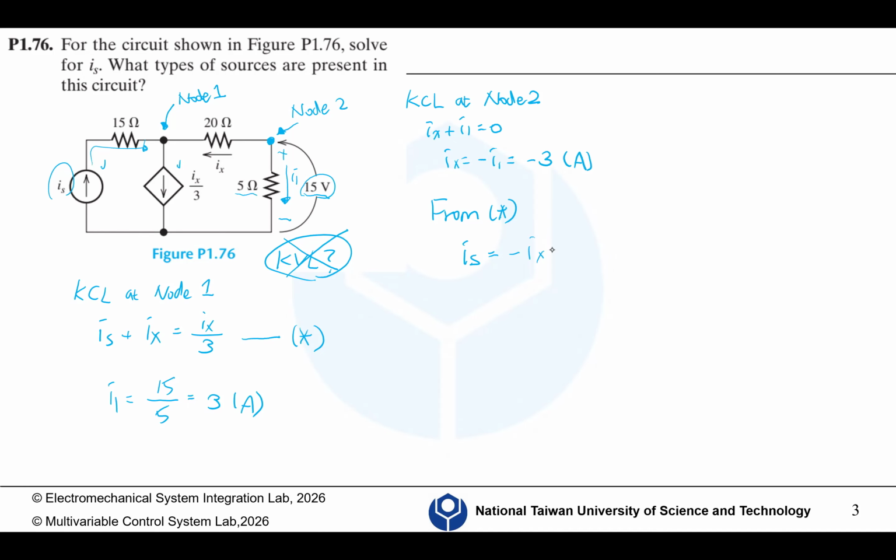Because there's no voltage source, we have V1, V2, and V3. It has 1, 2, 3, 4 nodes and 3 variables, because the voltages of these nodes are unknown. So this is node 1, this is node 2, this is node 3.